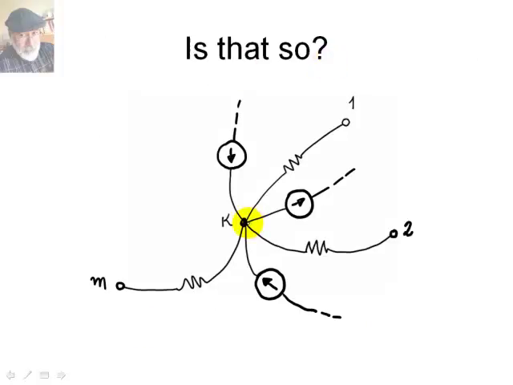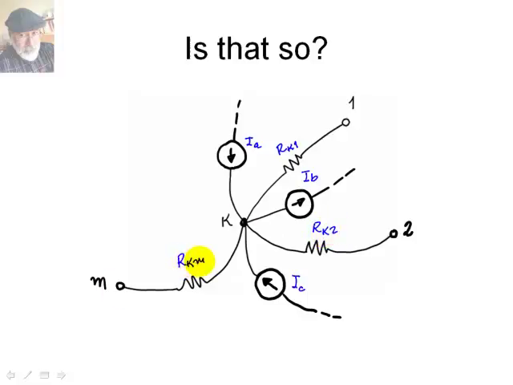Imagine there is a generic node K that is fed by this current source IA, and this other current source IB that is actually sucking current out of it, and it's fed also by this current source IC. It is joined to node 1 by this resistance Rk1, joins node 2 by this resistance Rk2, and is connected to node N by the resistance Rkm.